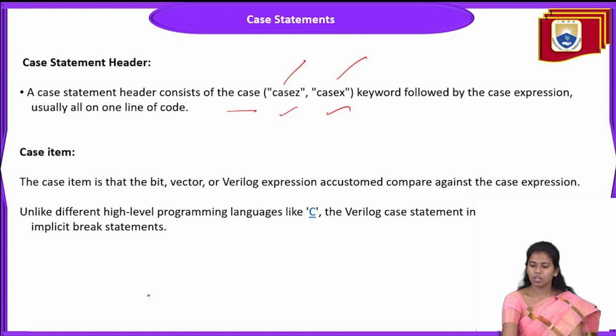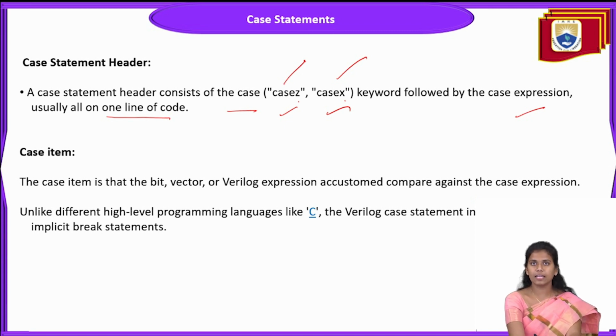These are the keywords followed by the case expression, usually all on one line of code. So usually we will see these keywords, casez and casex, followed with only a single line of code.